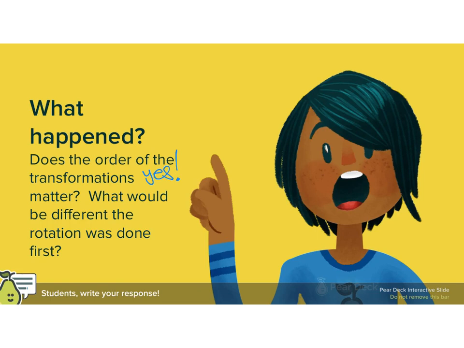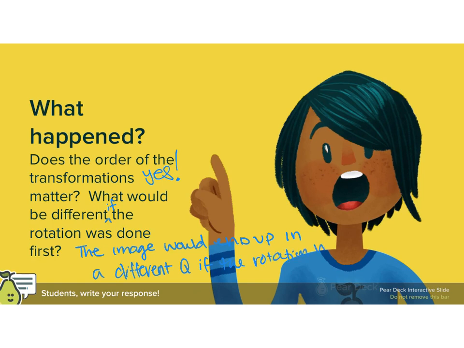What would be different if, all kinds of typos in this lesson, if the rotation was done first? So what would be different? The image would end up in a different quadrant if the rotation was done first.